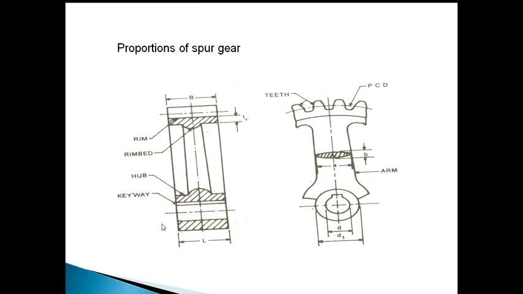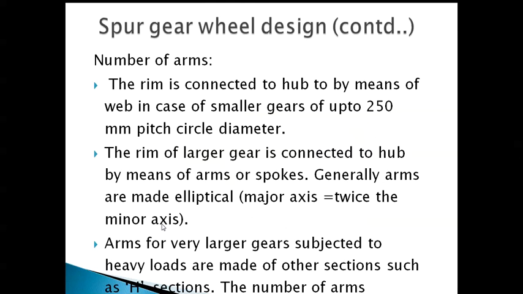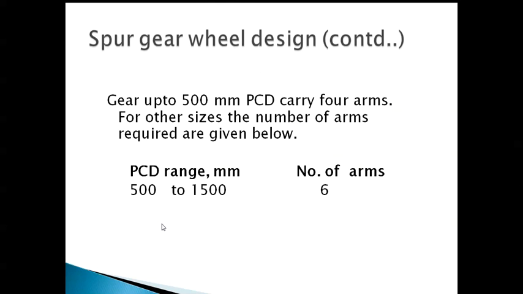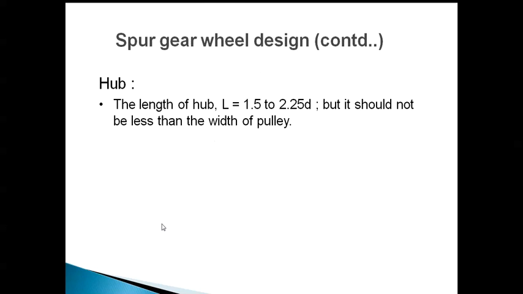If the pitch circle diameter is above 250 and below 500 mm, the number of arms is 4. For the range of 500 to 1500, the number of arms is 6, for 1500 to 2000 it is 8, and above 2000 it is 10.